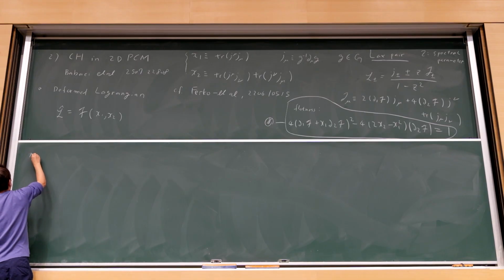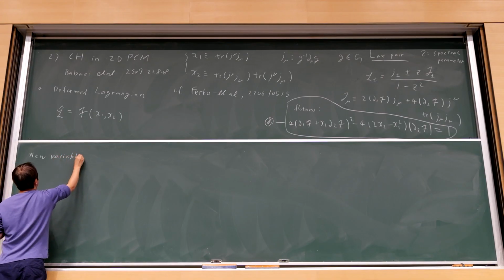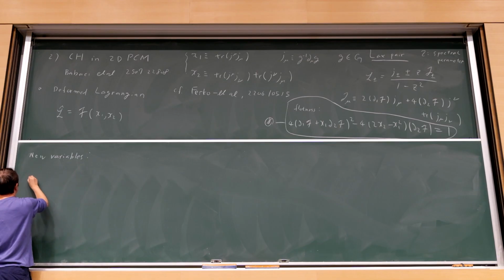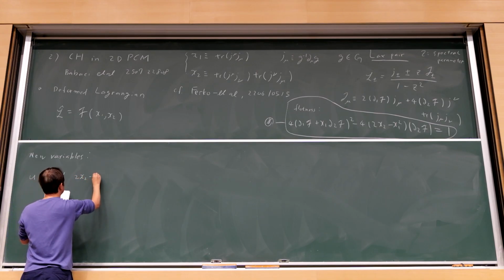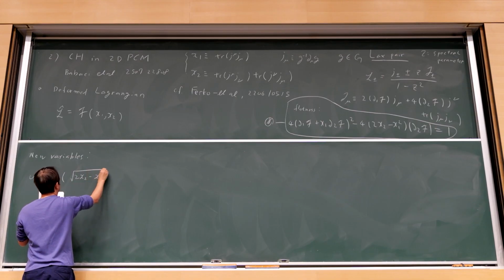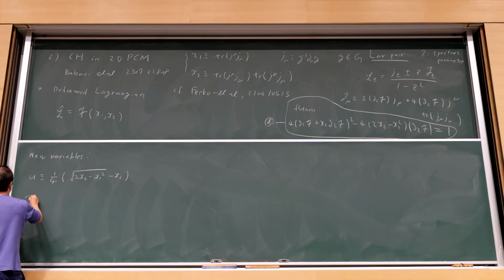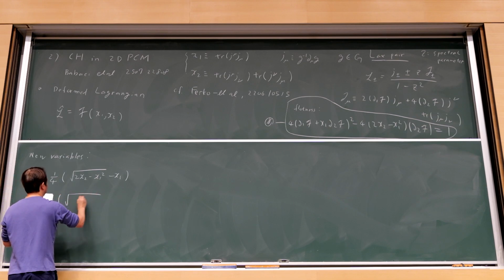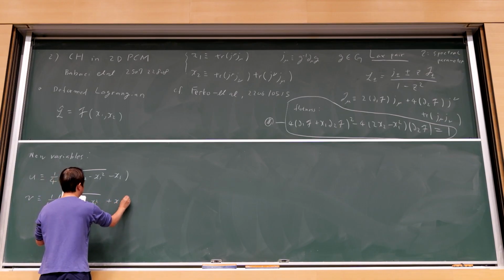So here, let's introduce new variables. This is u, defined as the square root of 2x2 minus x1 squared, minus x1. And v is defined similarly by this one, plus x1.